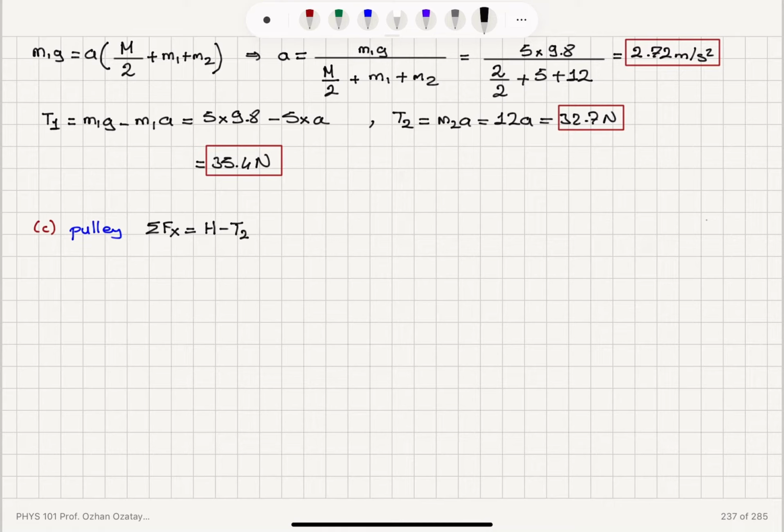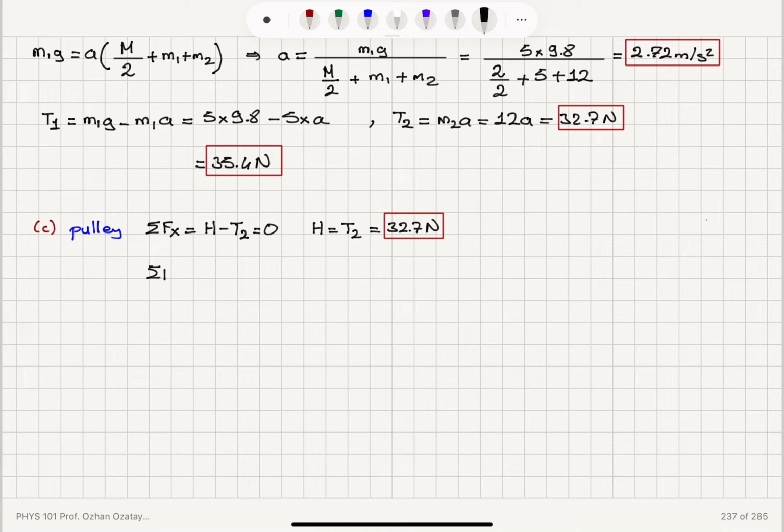H minus T2 is equal to 0. So the horizontal component of the force on the axle should be equal to T2, which is 32.7 newtons.